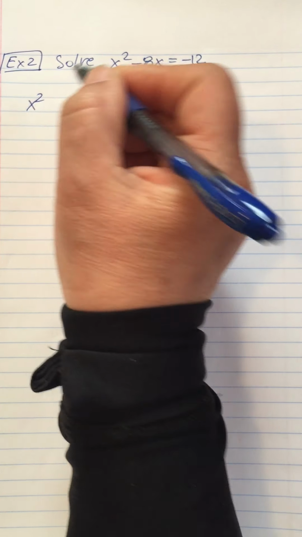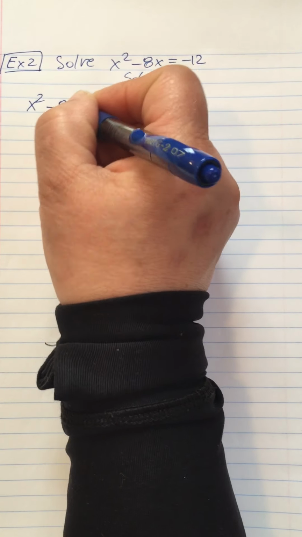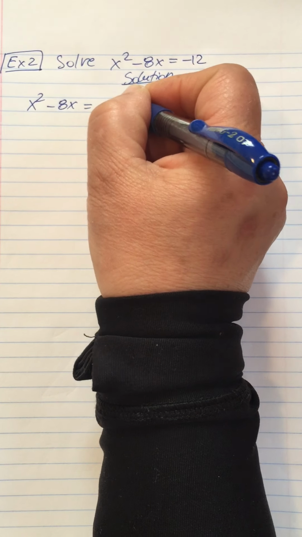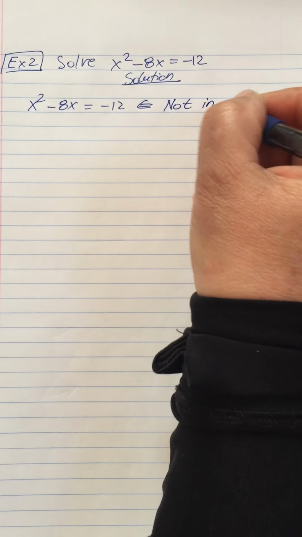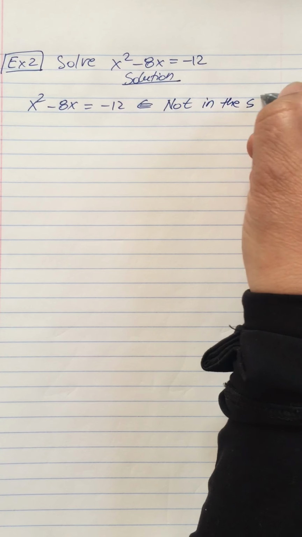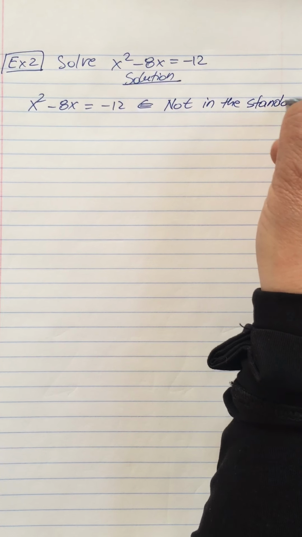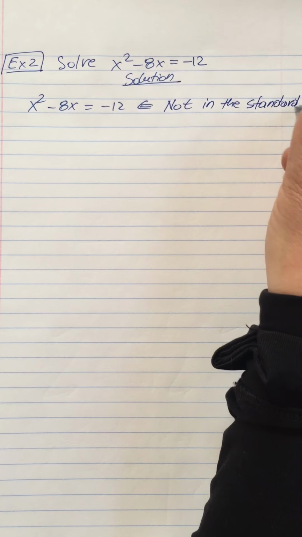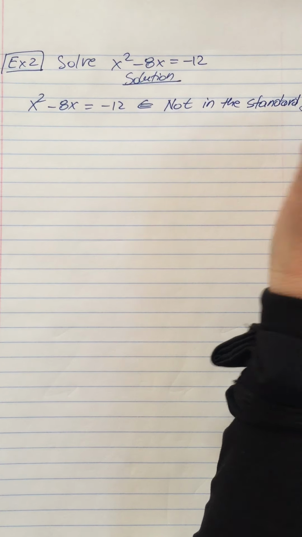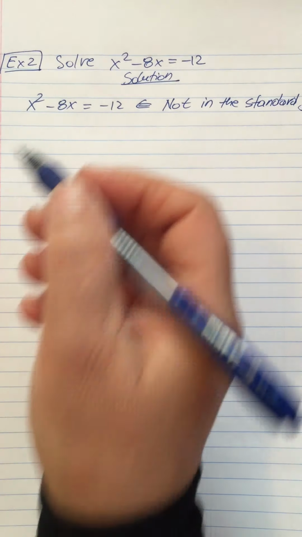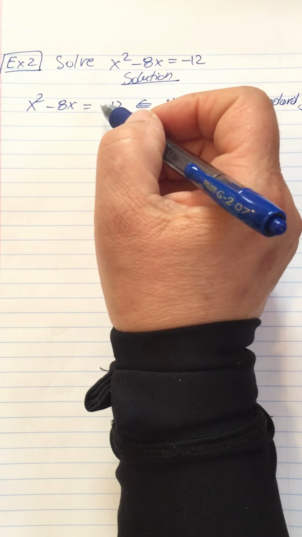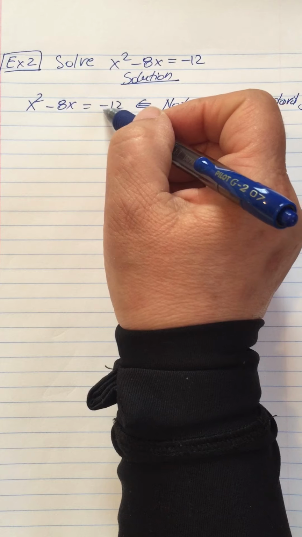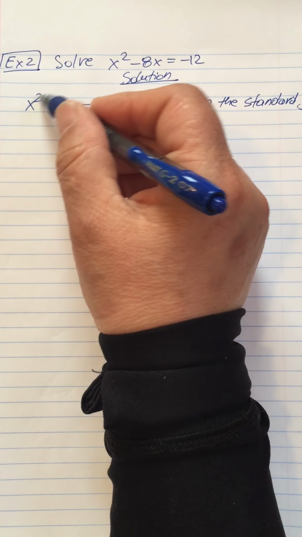I have x squared minus 8x equal to negative 12, but this is not in the standard form. What is the standard form? The standard form is when I have a 0 on the other side of the equation and all three terms on one side. So this negative 12 is separated from the other terms.